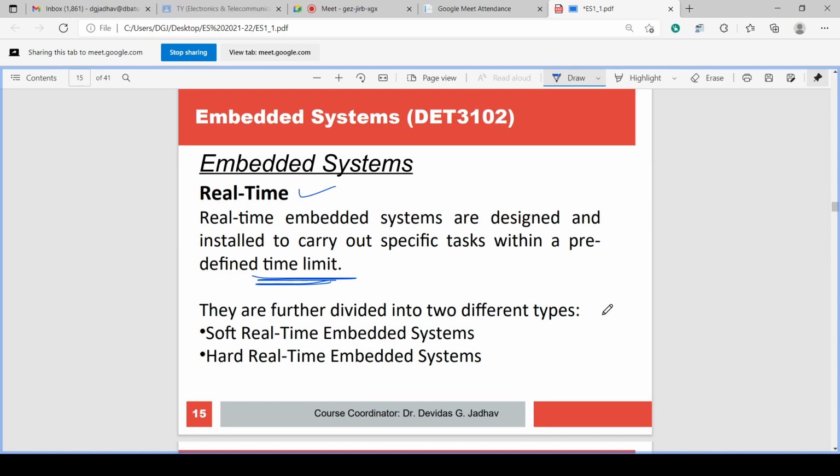Now suppose our communication system, it requires a real-time operating system. Mobile gadgets, most applications require a real-time operating system. If you are talking to someone and it is not real-time, then I say something and it reaches after 1 minute, and then the other person talks and it takes another 1 minute.